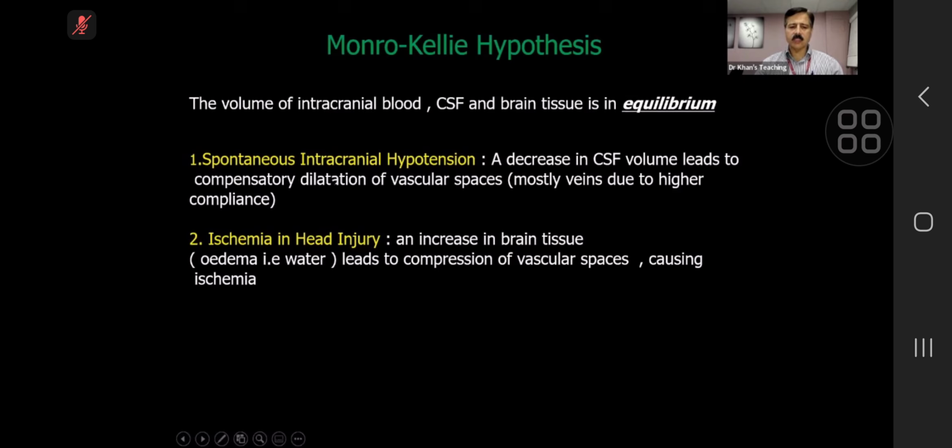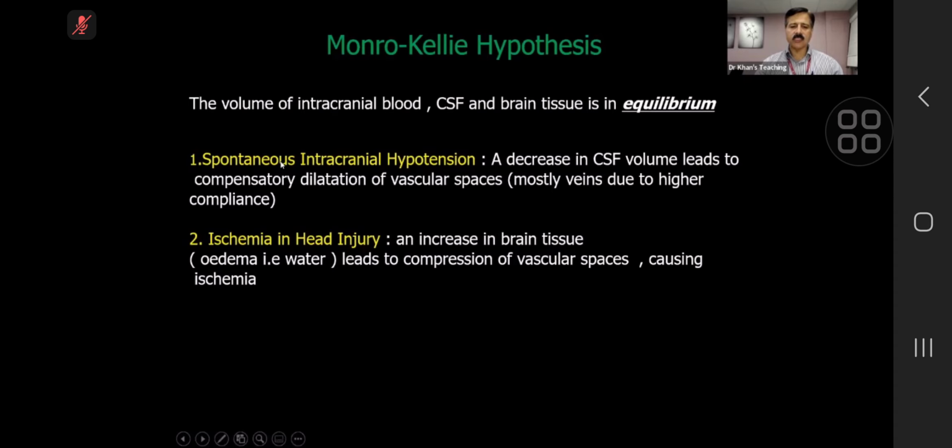Similarly, in spontaneous intracranial hypotension, what happens? There is a CSF leak. The word spontaneous tells you that at times we don't even know the cause, and at times we end up doing more spinal imaging. One of the causes might be an osteophyte, particularly in the thoracic spine, which has caused a tear of the dura. But many times we do not pick up these findings on spinal imaging, yet the CSF has reduced.